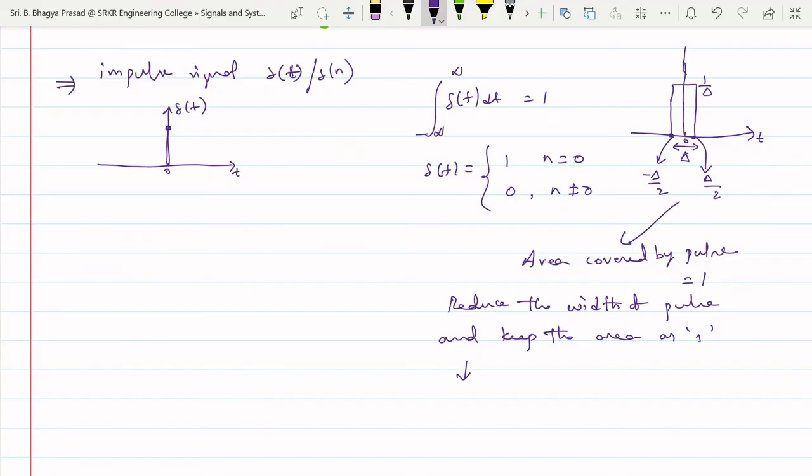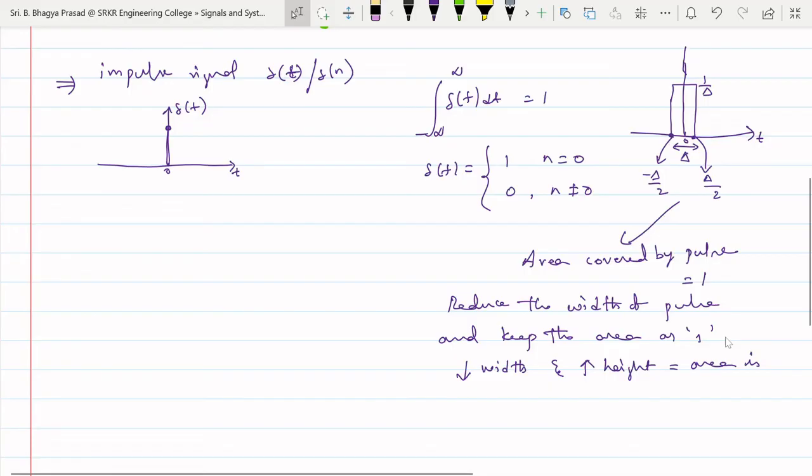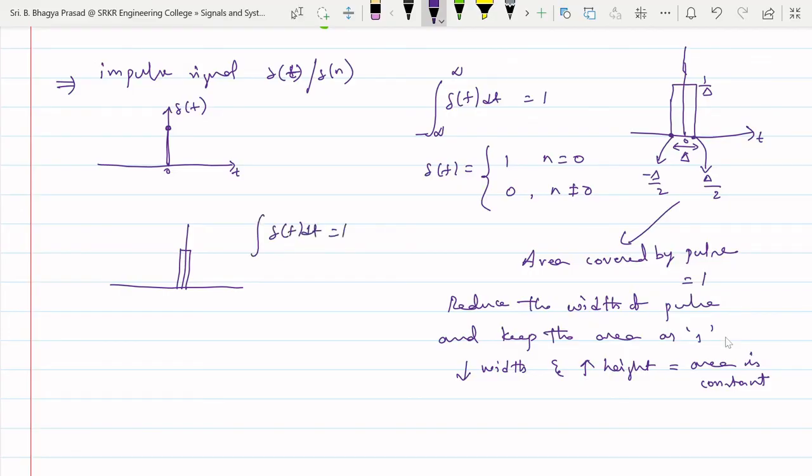So reduce the width and increase the height, so the area is constant. Like this, you reduce the width very narrowly by maintaining the integral of delta t dt as 1, satisfying this condition. You reduce the width, with the height 1 by delta, and you keep the area as 1.